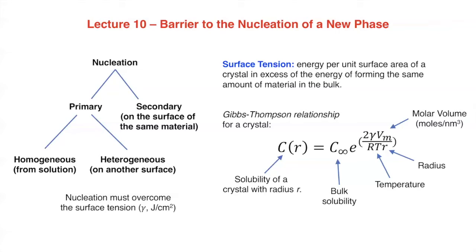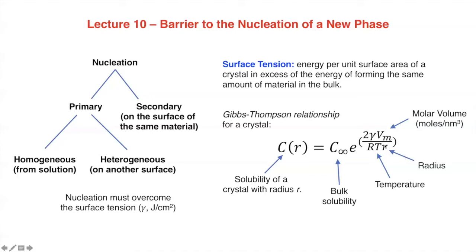Okay, so there's something called the Gibbs-Thomson relationship that formalizes this kind of thing, and it's expressed here as a solubility of a crystal with a radius r, here on the left, and that's related to the bulk solubility of the material in some medium, and exponentially dependent on the surface tension and the radius.